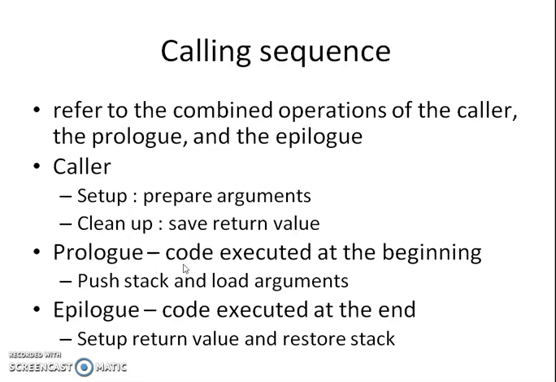The prologue is code executed at the beginning, like pushing onto the stack and loading arguments. The epilogue is code executed at the end, that is, setting up the return value and restoring the stack.